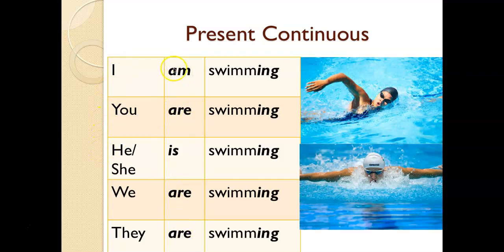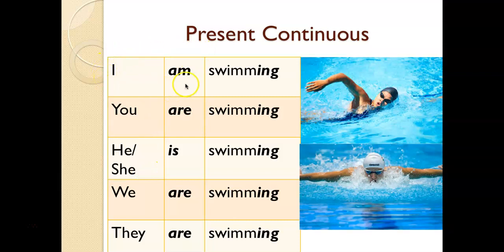This would be the be verbs over here. Okay, can you tell me which pronoun has different be verbs? So compare which ones are different from the others. So if you said I and he and she are different, you are correct, okay?